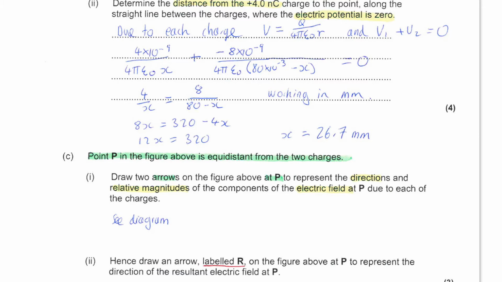It doesn't matter which units we choose to work in here, so working in millimeters is fine as long as we're consistent. So I have been able to simplify back down to the value of 80. Then finally solving this equation, we see that 8x is 4 times 80 take away 4 times x, and that leads us to a final answer of 26.7 millimeters.